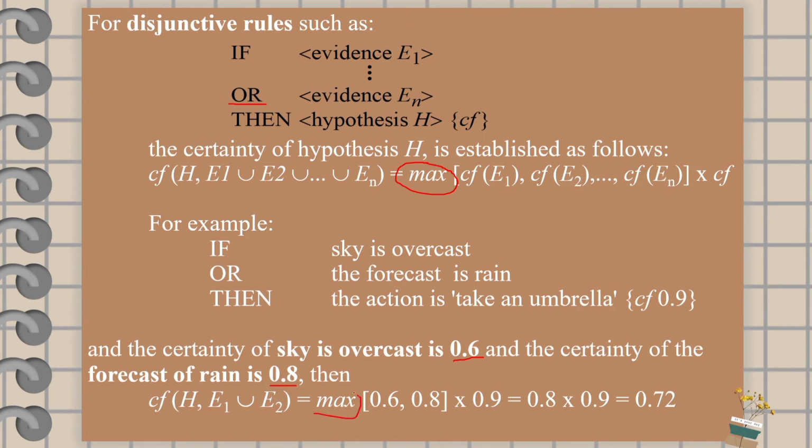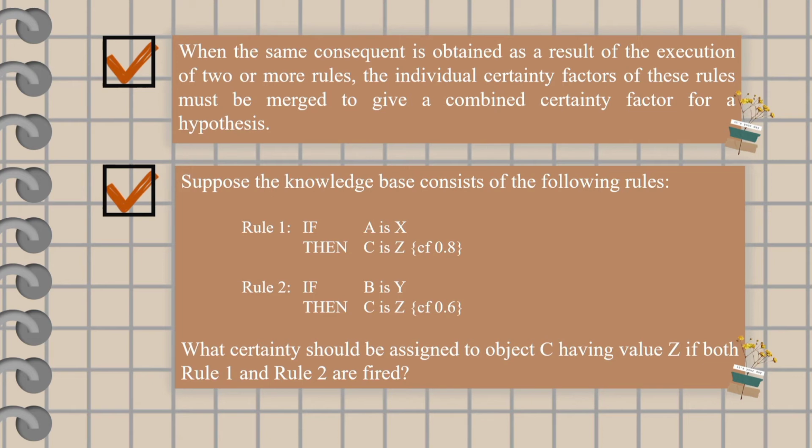We are using the maximum value of our evidence, which is 0.8. So here, 0.8 is being used times the 0.9, our certainty factor, equals 0.72.